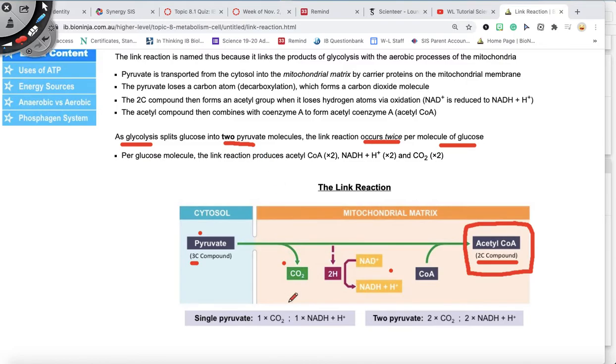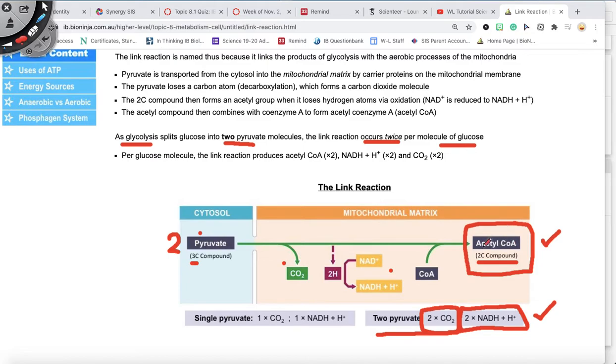So that means that the final end product after you are done linking the 2 pyruvates, because remember you started with 2 pyruvates here, you are going to end up with 2 molecules of carbon dioxide when the link reaction is done, and electron hydrogen carriers that have been reduced. So you're going to end up with 2 NADHs. So this is the end product of the link reaction as well as the acetyl coenzyme A.